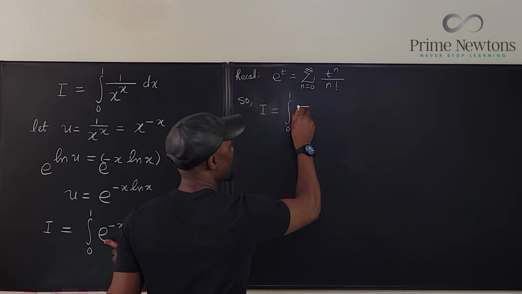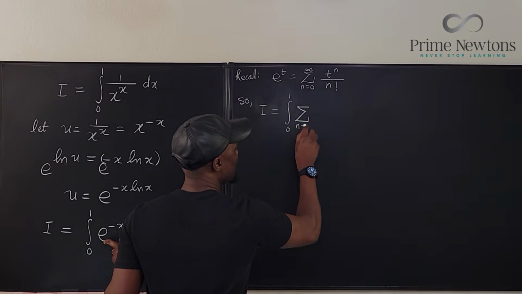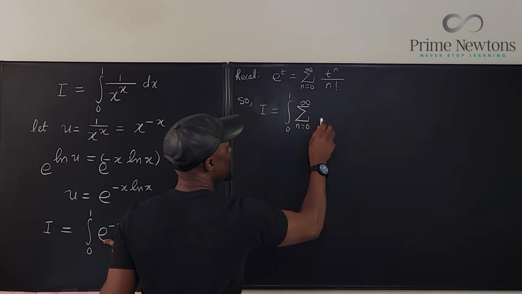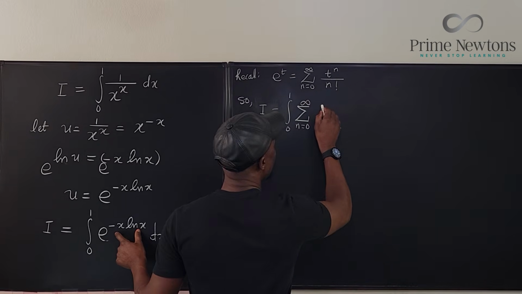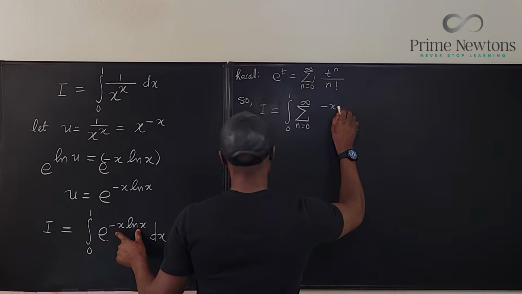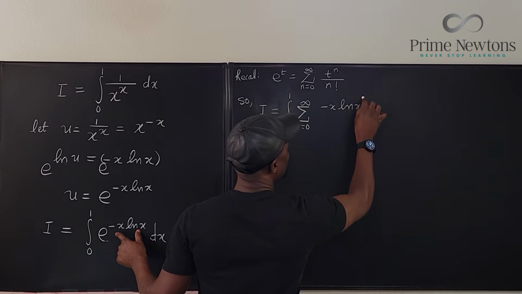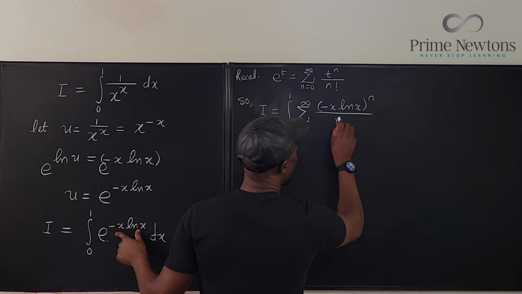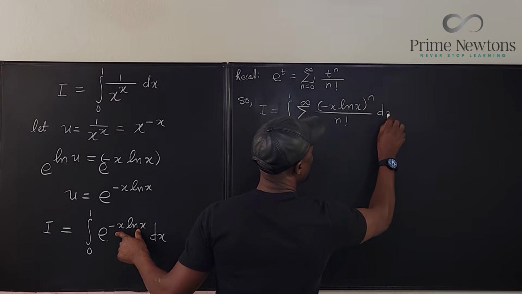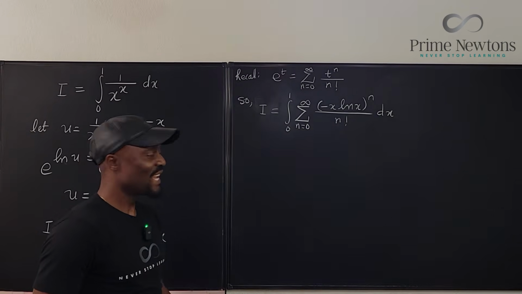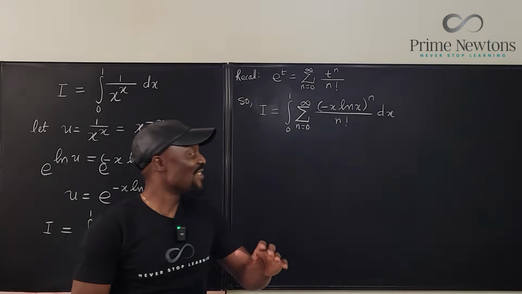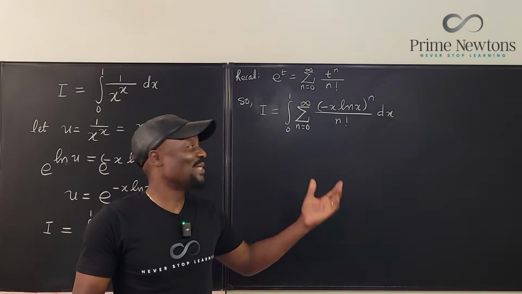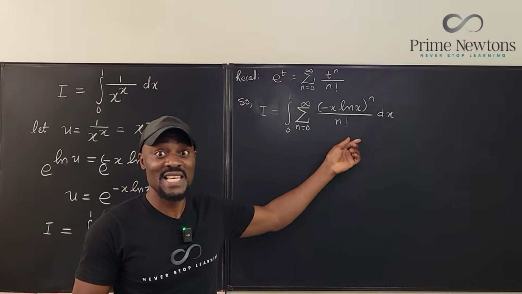It's going to be the sum from n equals 0 to infinity of negative x ln of x raised to power n divided by n factorial dx. Okay, now you're going to say, what in the world is this? How is this supposed to make it easy?